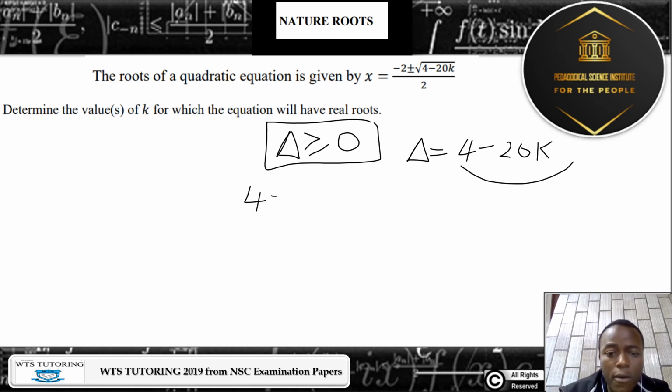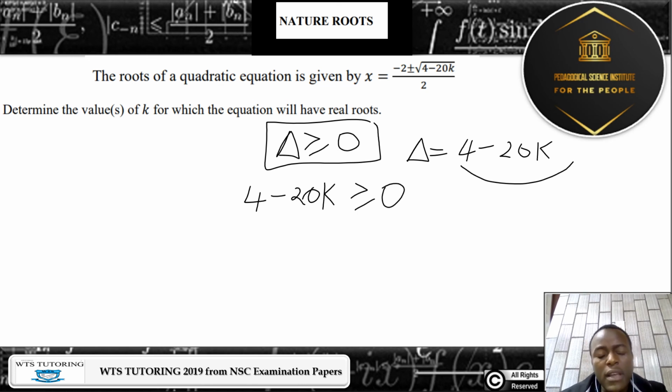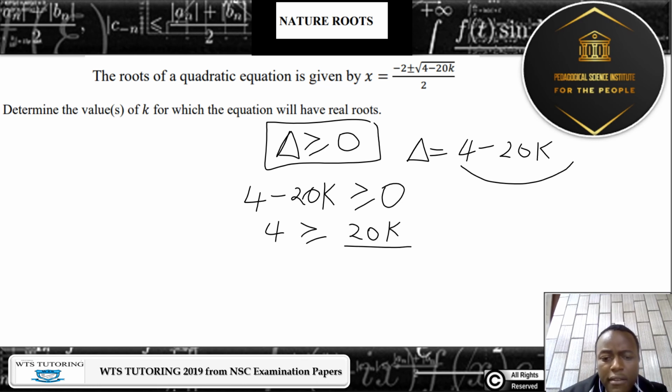So I'll say 4 minus 20k is greater or equal to 0, then solve for k. To solve for k, I can transpose minus 20k to the other side, then it will be 4 greater or equal to 20k. Then I divide by 20 in order to solve for k.